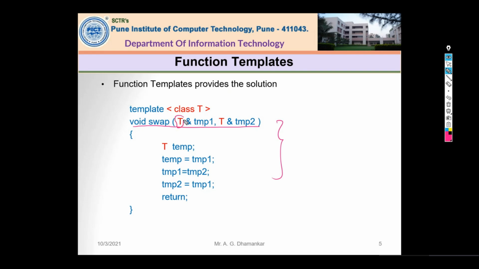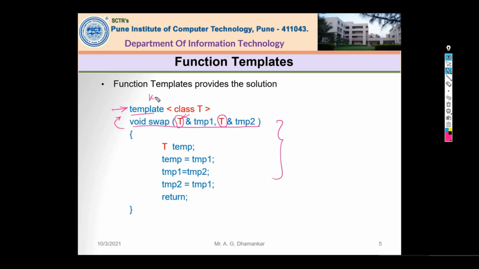Now these are the data types. So instead of the data types, replace that type with some type name and insert one line ahead of the swap, that is, prefix it. It has to be written above.